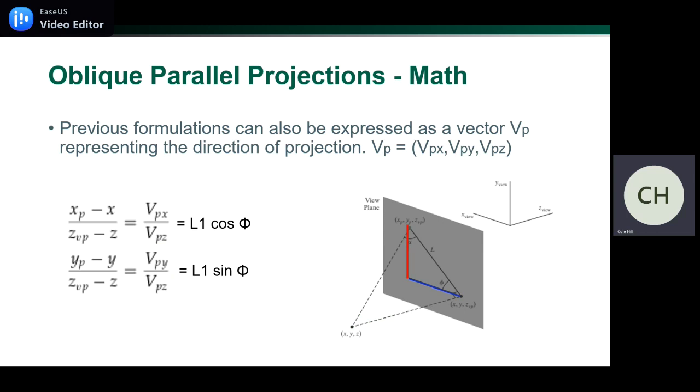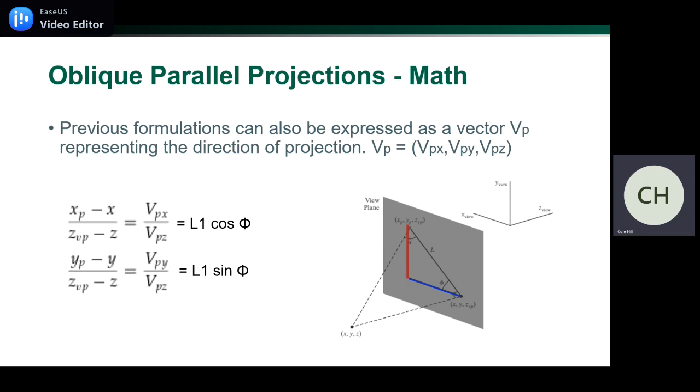Now, using this, it happens that the top relation equals L1 cosine phi, and the bottom relationship equals L1 sine phi. The reason that you can get this is x sub p minus x is equal to cosine phi over L. And from our previous relationship, z sub vp minus z is equal to tan alpha over L. And when you combine those together, you get L1 cosine phi.